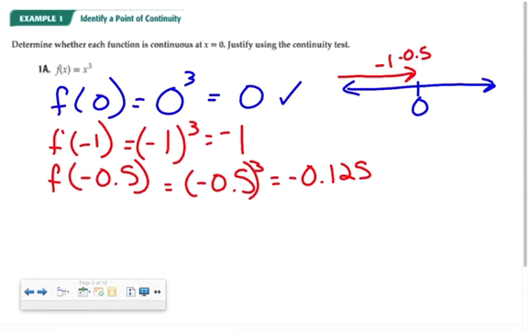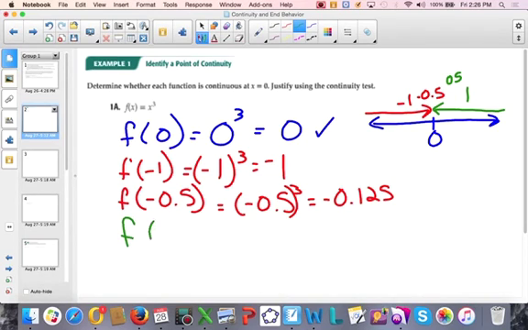Now I'm going to approach it from the right. And as I approach it from the right, some numbers that are really close to 0 might be 1 and positive 0.5. When I evaluate f of 1, I get 1 to the third power, which is 1.